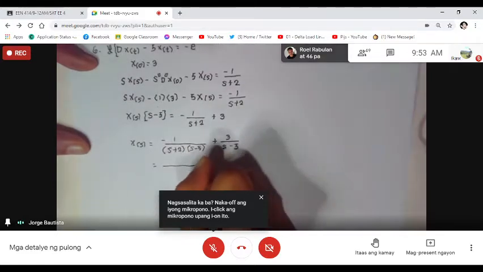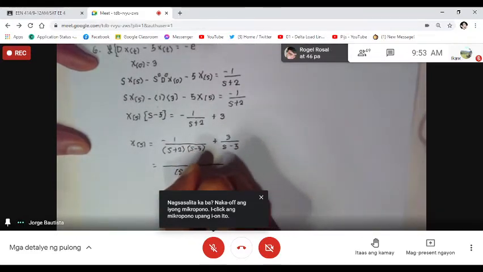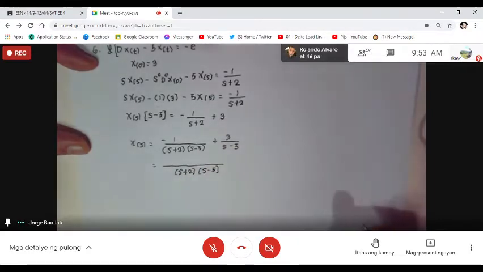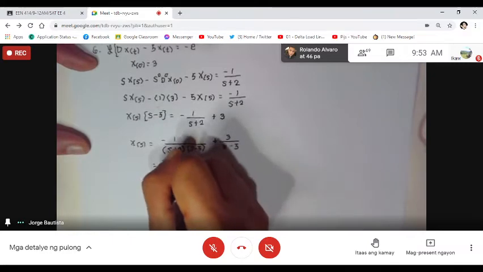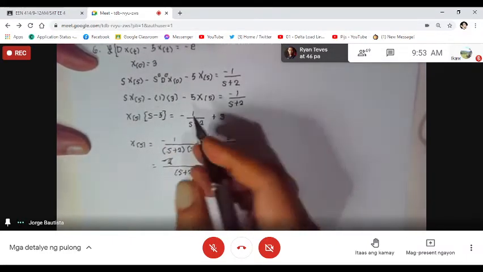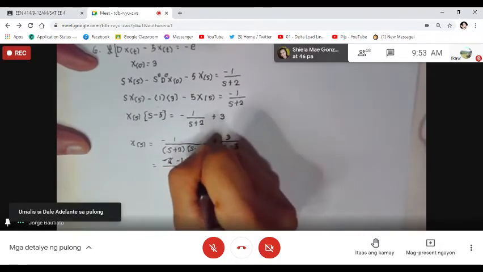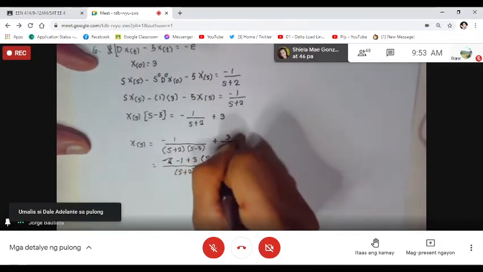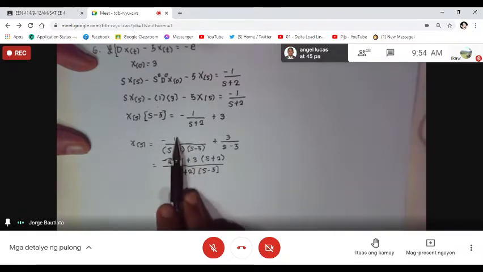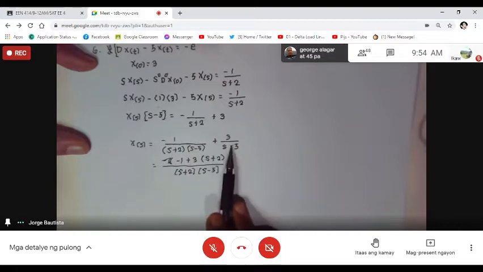So, common denominator, that is s plus 2 times s minus 5. Diba? So, that is negative 1. Tapos, kompleto siya na. Negative 1 plus 3 times s plus 2, cross multiply. Yung sa 3, kulang lang s plus 2, kaya meron s plus 2.